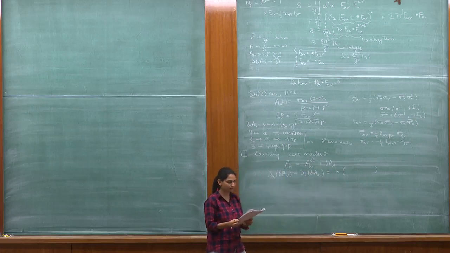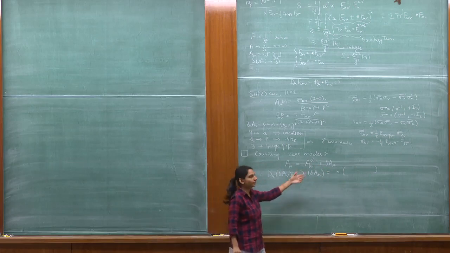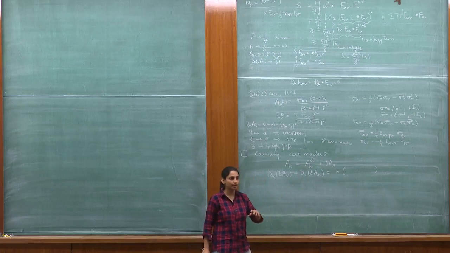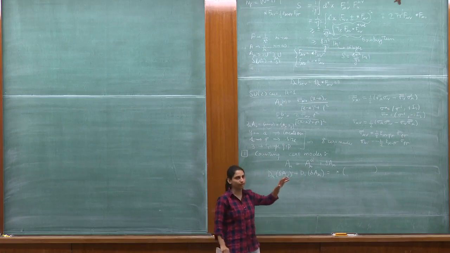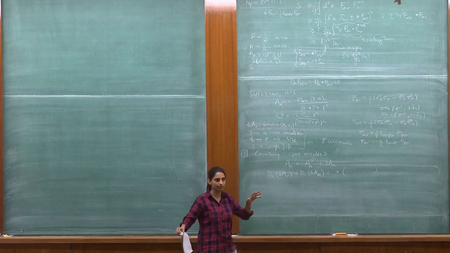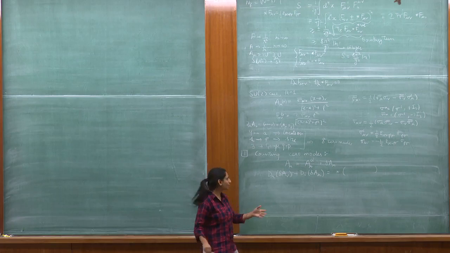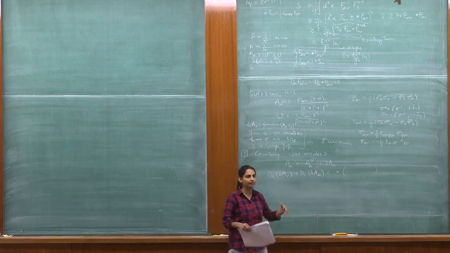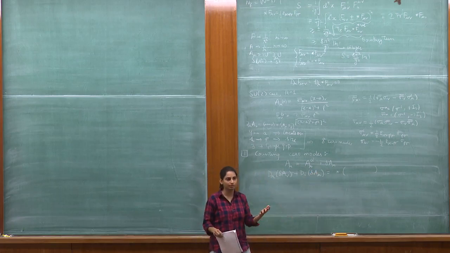The other thing we want to demand is that these fluctuations are not just trivial. Trivial ones are those where, if I just do a gauge transformation on A_mu, I get a new configuration, but it's related to the original one by a gauge transformation. So I don't want the fluctuations to be related to the original solution by a gauge transformation only.